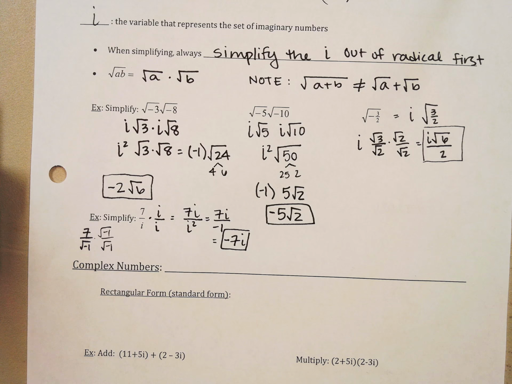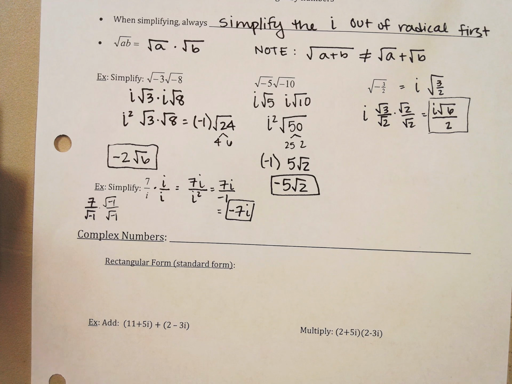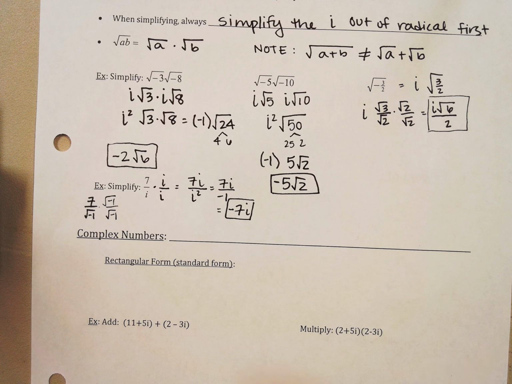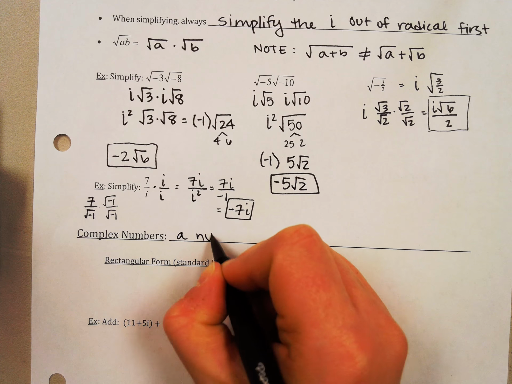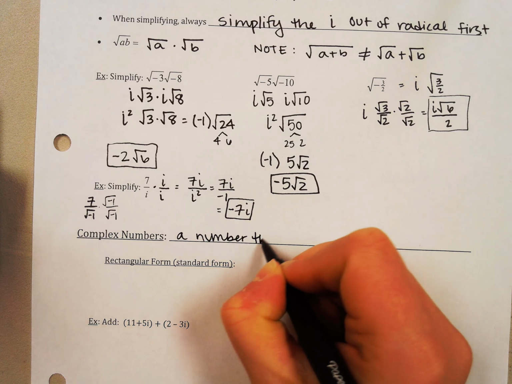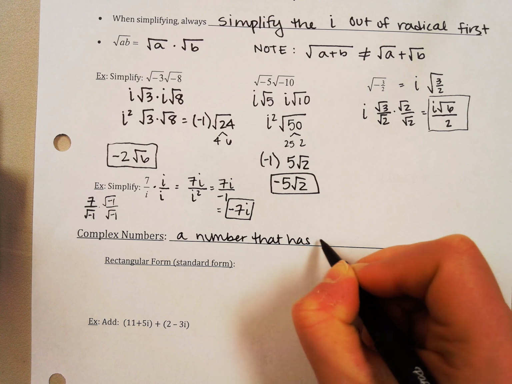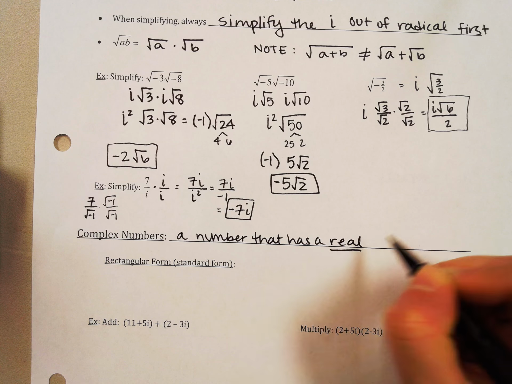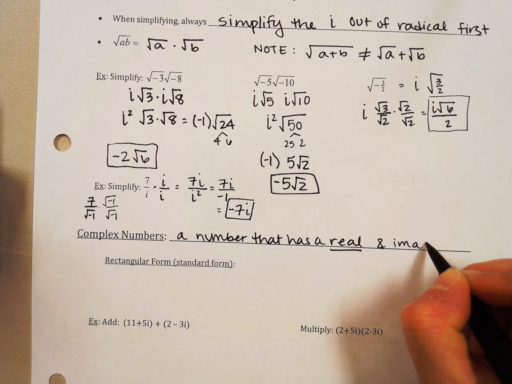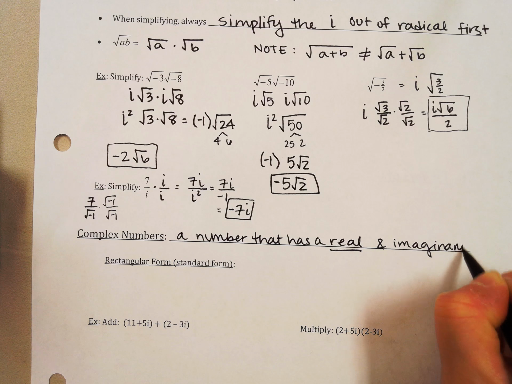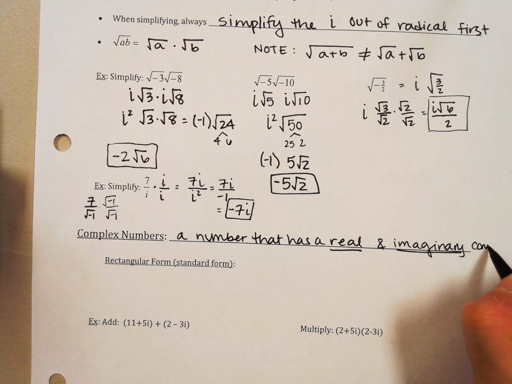Okay, so that's all the simplification for our imaginary numbers. When we deal with complex numbers, they have both. So the definition is a number that has a real and imaginary component or part.